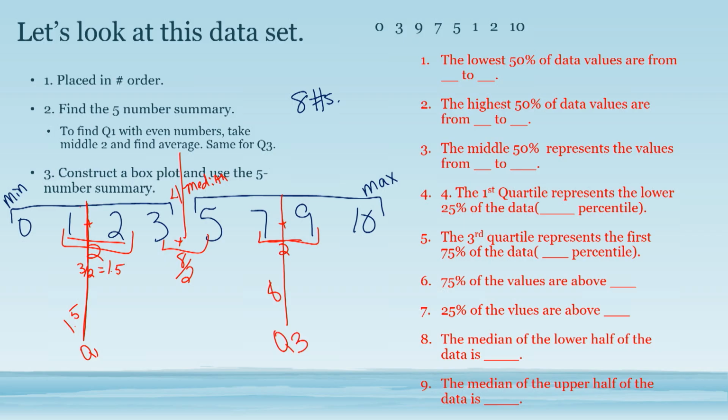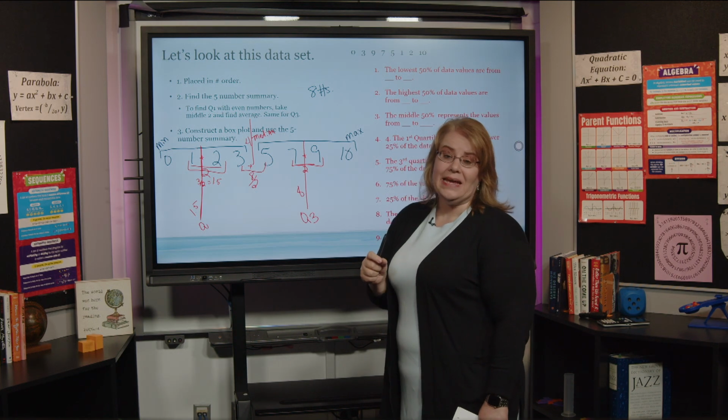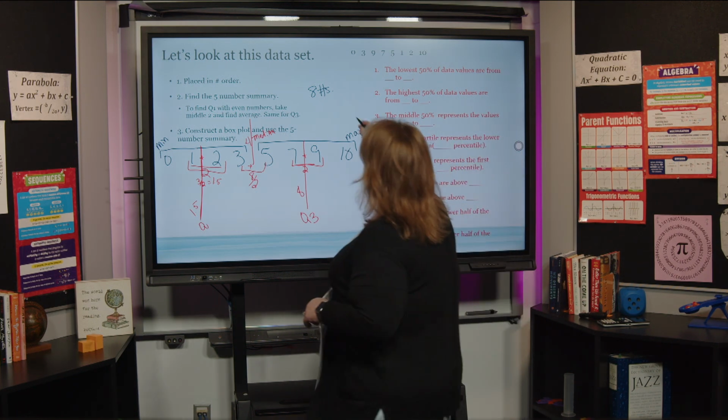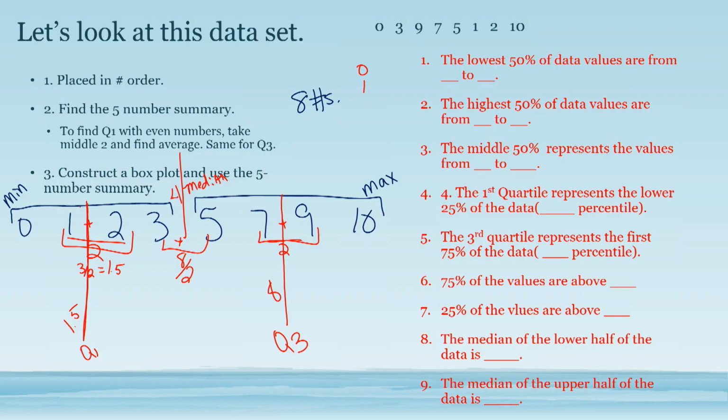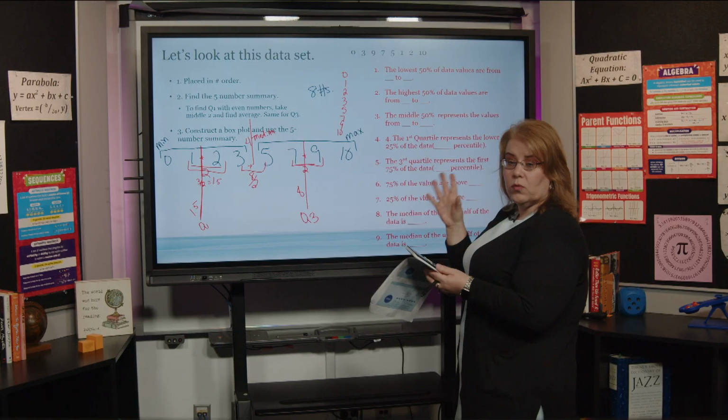Now, obviously, I have 1, 2, 3, 4, 5 here, but let's also look at the mean. Let's see if we can find the mean real fast. So I have 0, 1, 2, 3, 5, 7, 9, and 10. Let's take our calculator and add those up. 0 obviously doesn't give me an amount, but we're still going to use it to add.